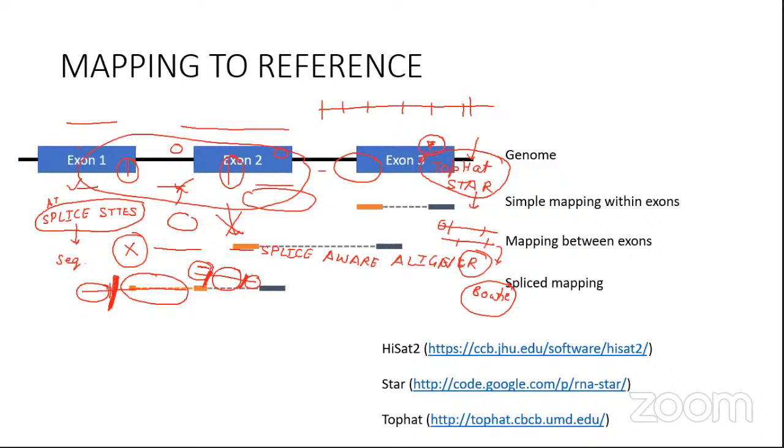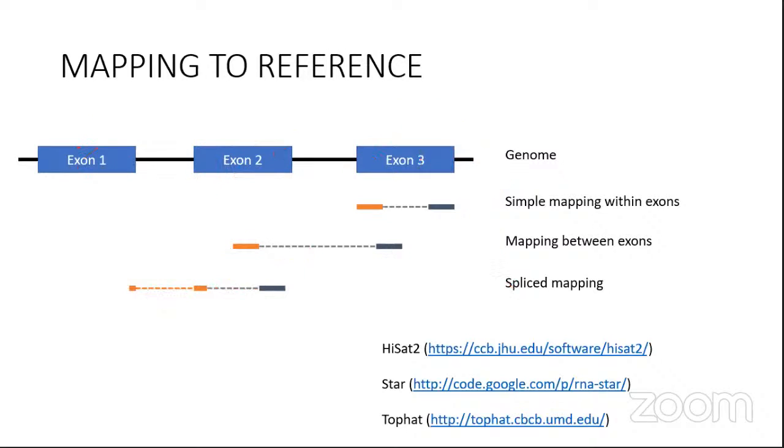Now in another case, as I mentioned, there is another kind of mapping where we are mapping just with the transcriptome. When I say transcriptome, I know that I have only the functional transcripts and I am just mapping my reads over here. So I don't need the splice site aligner.